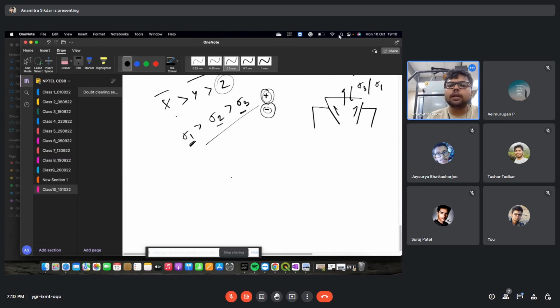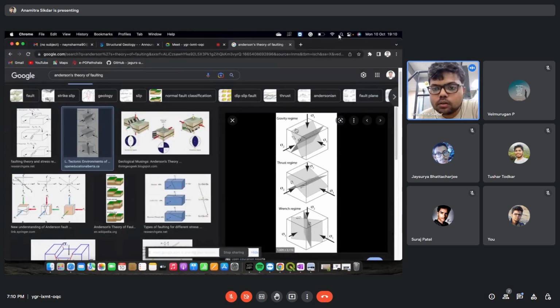And for transform fault, these fault planes won't be lying like this, right? It will be like that, because whenever there is sigma 1 and sigma 3, the line at which these two planes intersect will always be sigma 2.